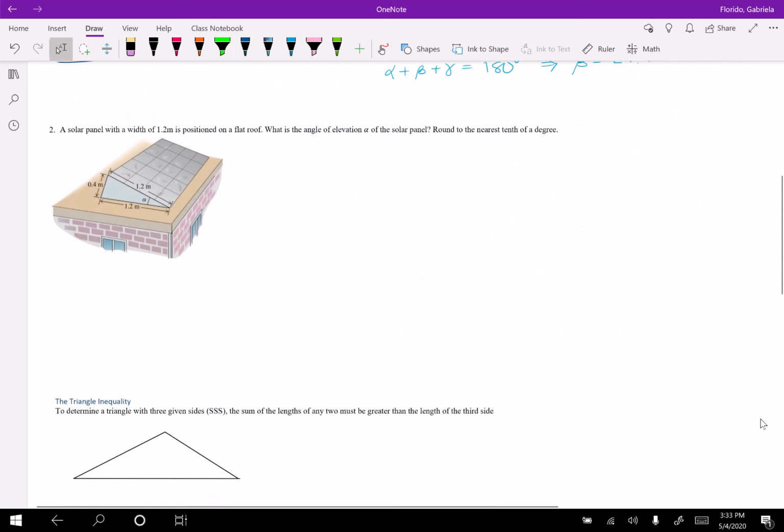So second problem, a solar panel with a width of 1.2 meters is positioned on a flat roof. What is the angle of elevation alpha of the solar panel? Round to the nearest tenth of a degree. Alright, so here we're looking for alpha.